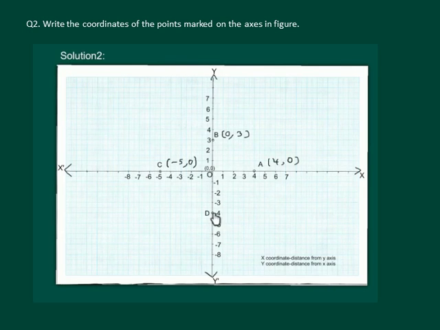Similarly, for point D, it lies on the y-axis, so it will only have y-coordinate. That means x-coordinate will be 0, and the distance is -4, so y-coordinate is -4.